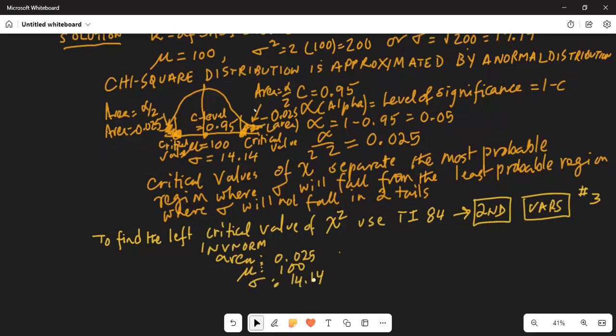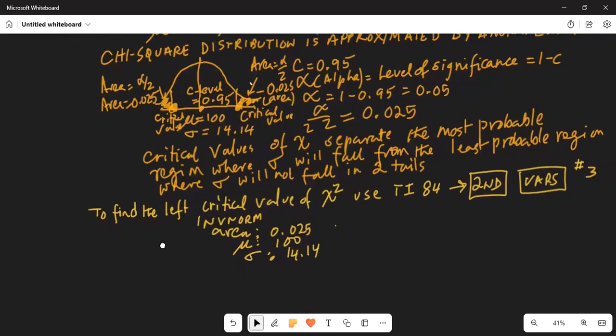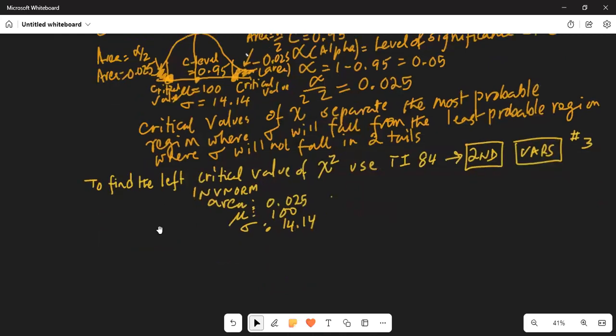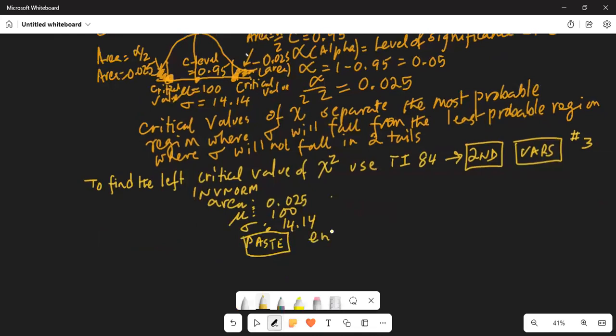Then go down to Paste, bring the cursor on Paste, and hit enter and enter. Whenever you are on Paste, you have to hit enter twice. Do not quit right away. I will show you how to calculate the confidence interval based on these critical values. It's coming up.